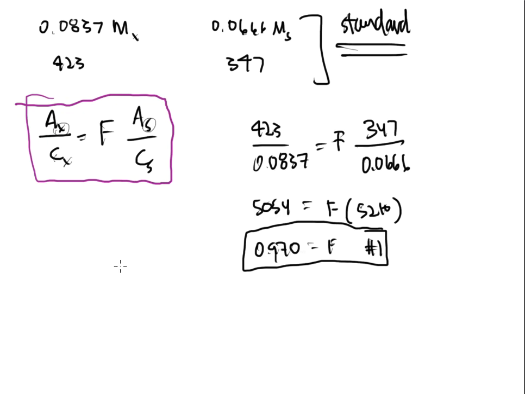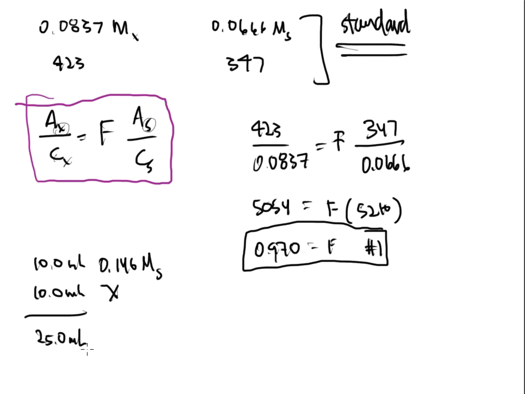So the second part here is that it gave us a curveball. And it said to analyze the unknown: 10 mils of a 0.146 molarity S and 10 mils of X was diluted to 25 milliliters.